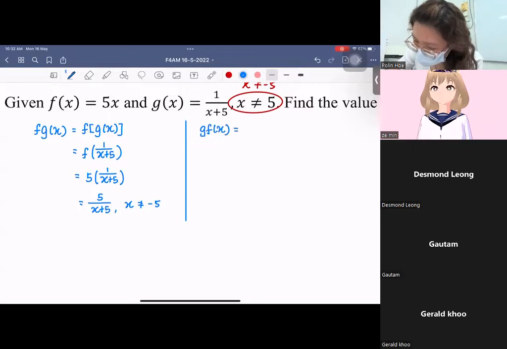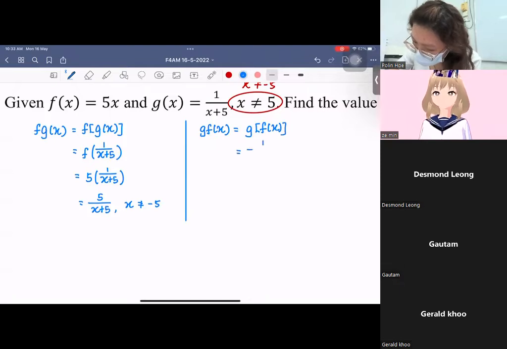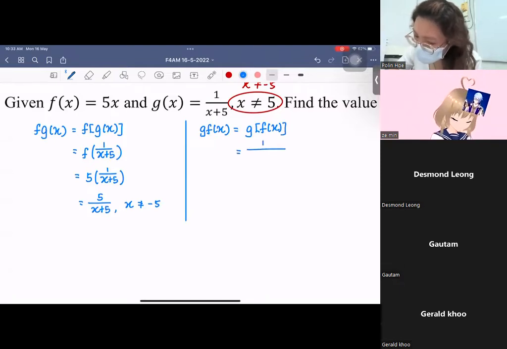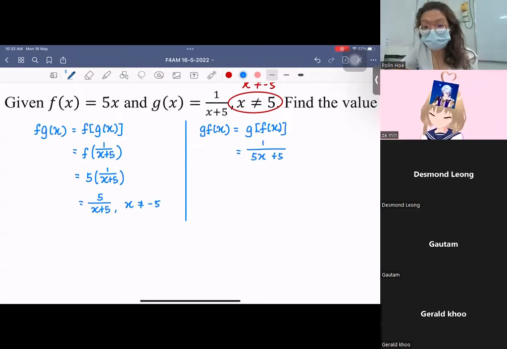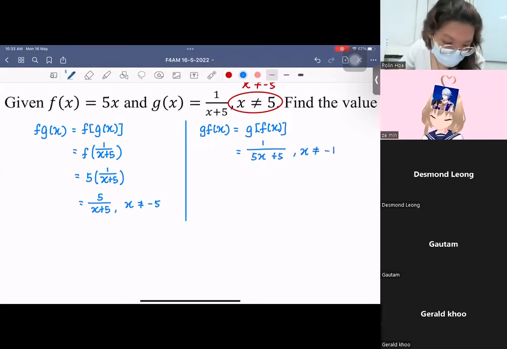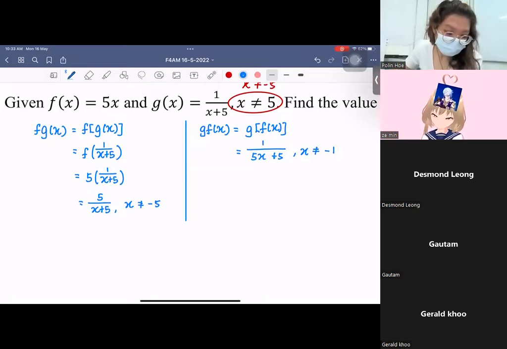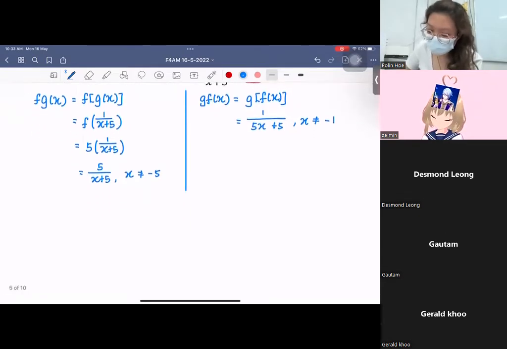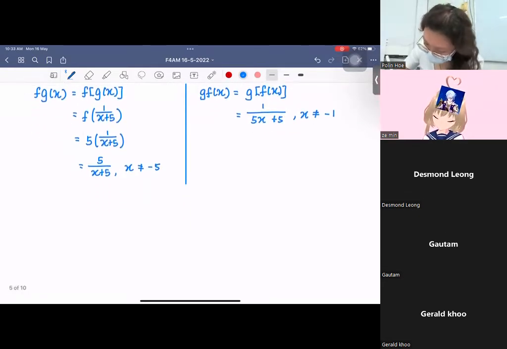gf(x) equals 1 over 5x plus 5. x is not equal to negative 1. Now, fg equals gf.